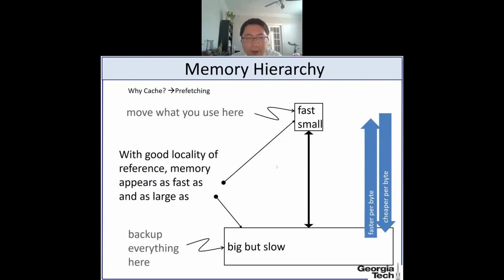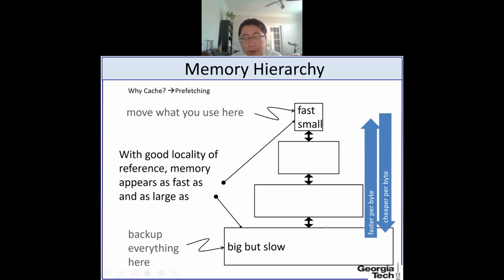If you want to balance the capacity and the speed, what you can do is insert more levels into the hierarchy. That's why we have different levels in the memory hierarchy. So this is just to balance the capacity and the speed.